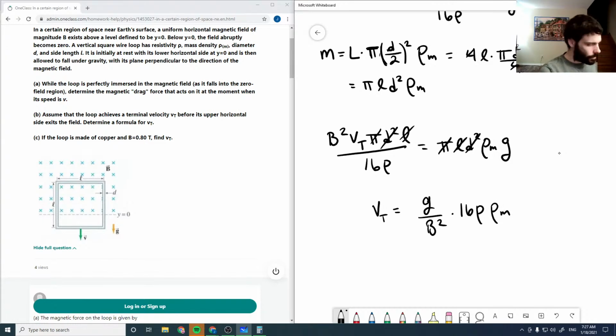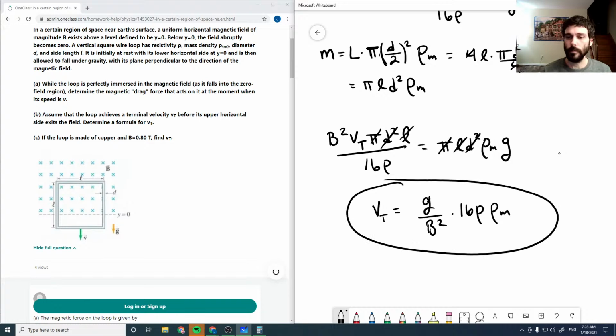And just to be sure that I didn't make a mistake there, okay, yep, that looks good. So there's our terminal velocity in terms of the values we're given.